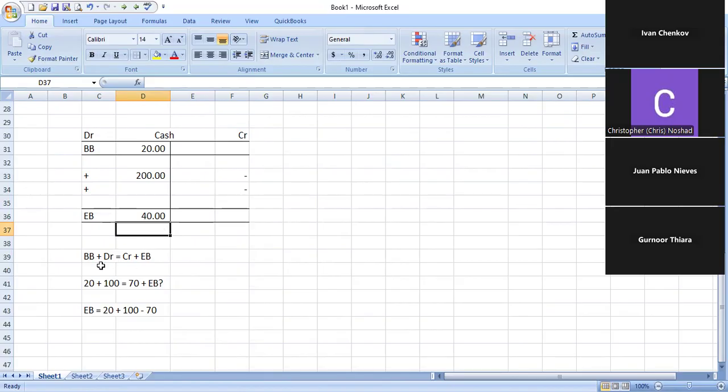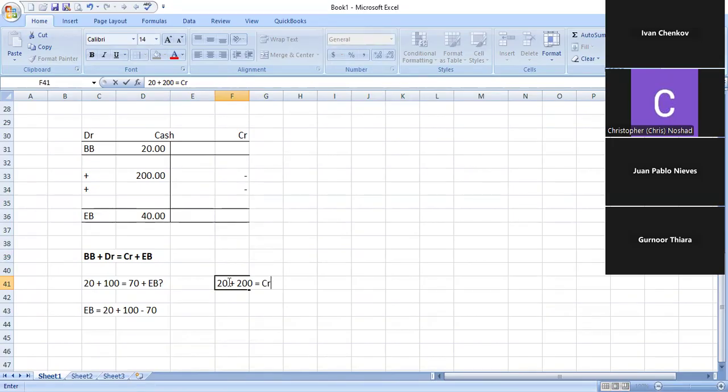So let's see how we're going to solve this. Again, we're starting from this: beginning balance plus the debit is equal to credit plus the ending balance. How much was our beginning balance? 20, plus 200 coming in. Now, we don't know the credit. We're trying to find how much we spent. Credit, we have no idea how much it is.